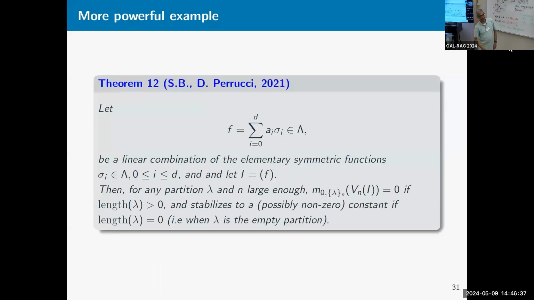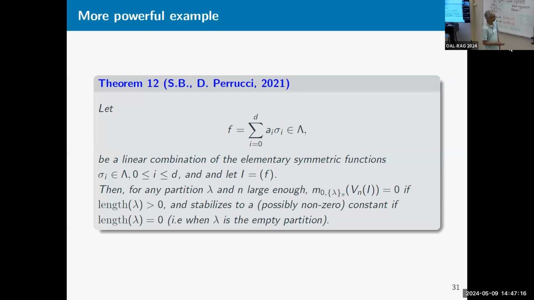But now with the multi-affine case, we have a little bit more evidence, because if you take your generating function in the lambda ring to be a linear combination of the elementary symmetric functions, then for each n, this is a multi-affine polynomial, as well as symmetric. In the previous example, there's just one ideal, but now we allow, for every fixed d, all possible linear combinations, so infinitely many ideals.